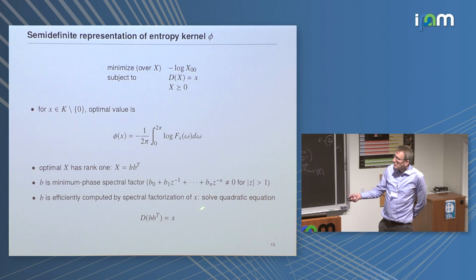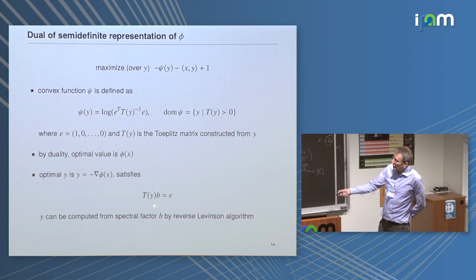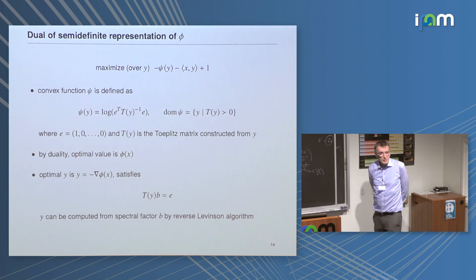That's easy to compute by spectral factorization. Then that gives us the value of this kernel function. Then by solving this for y, you get the gradient of the kernel function at x. Because the y here is the solution of this dual problem. And that's also easy. Right?